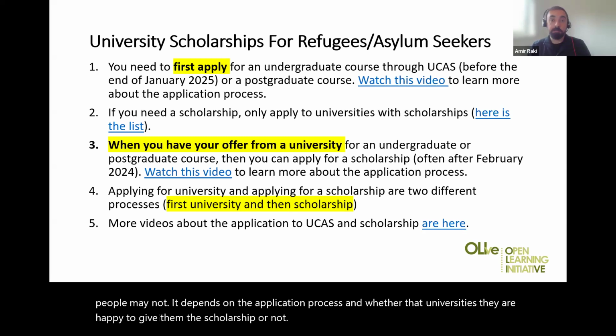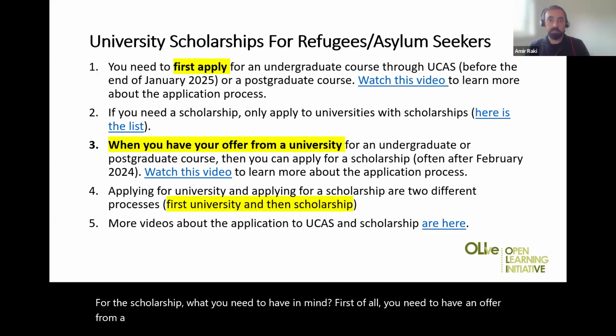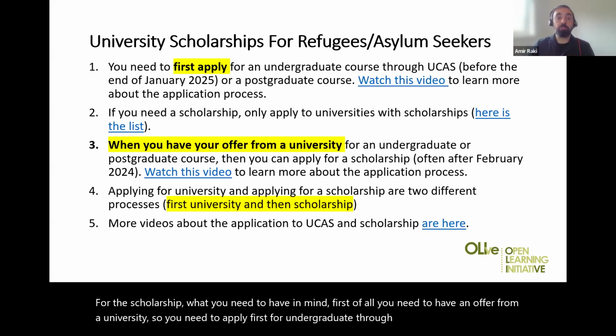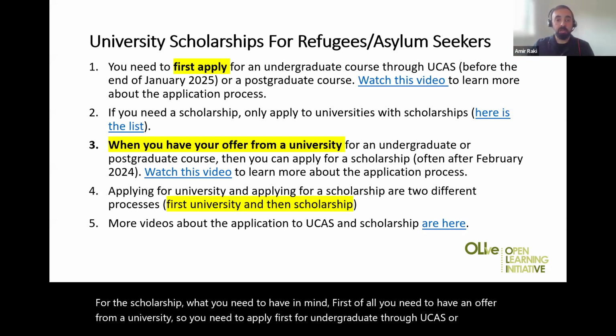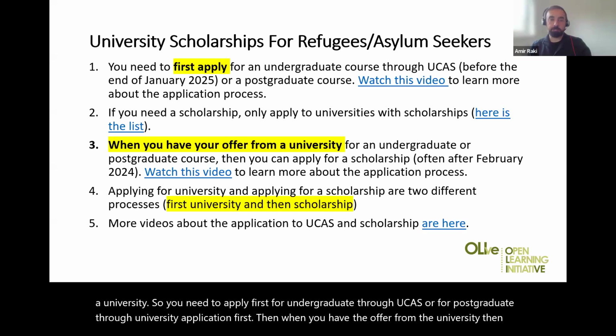For the scholarship, what you need to have in mind, first of all, is that you need to have an offer from a university. So you need to apply first, for undergraduate through UCAS or for postgraduate through the university application. Then when you have the offer from the university, you can apply for a scholarship.